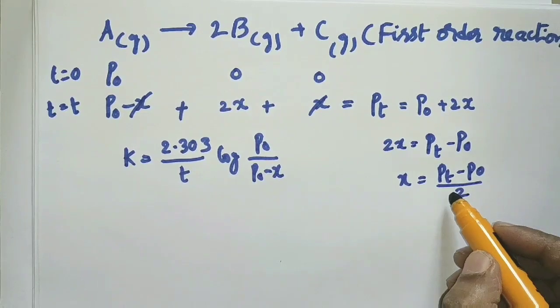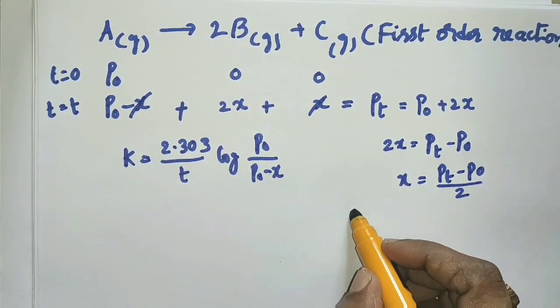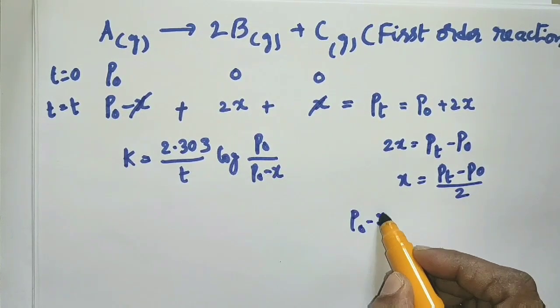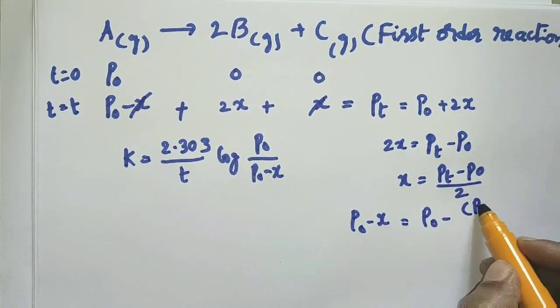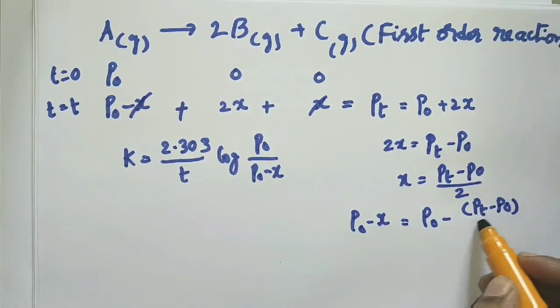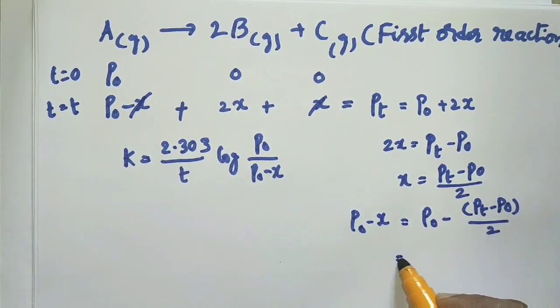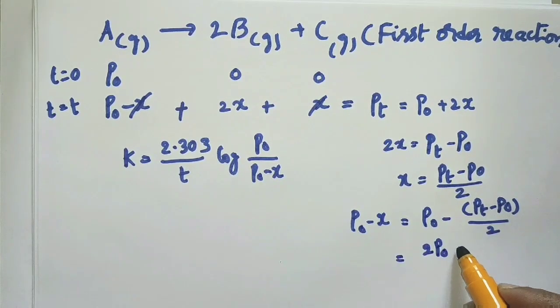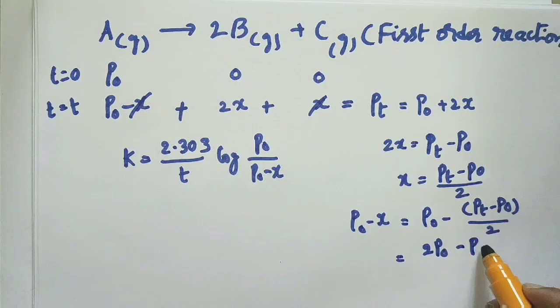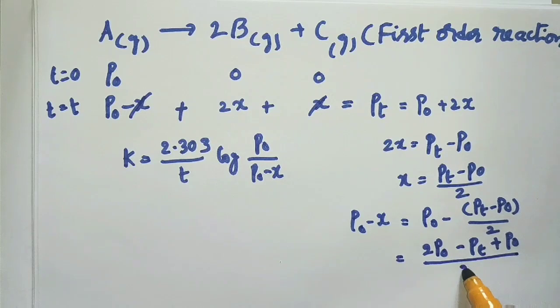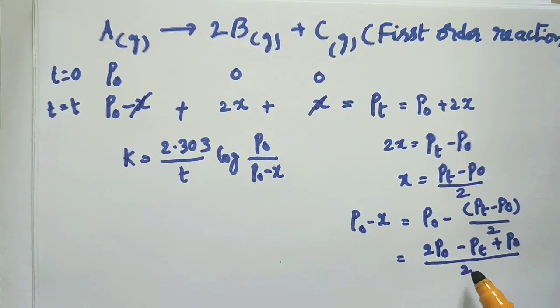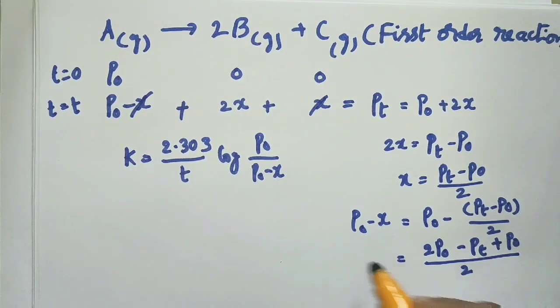If you substitute this X value in P naught minus X, P naught minus X equals P naught minus (PT minus P naught) by 2, which is equal to (2 P naught minus PT plus P naught) by 2. Substitute this value in the integrated rate equation.